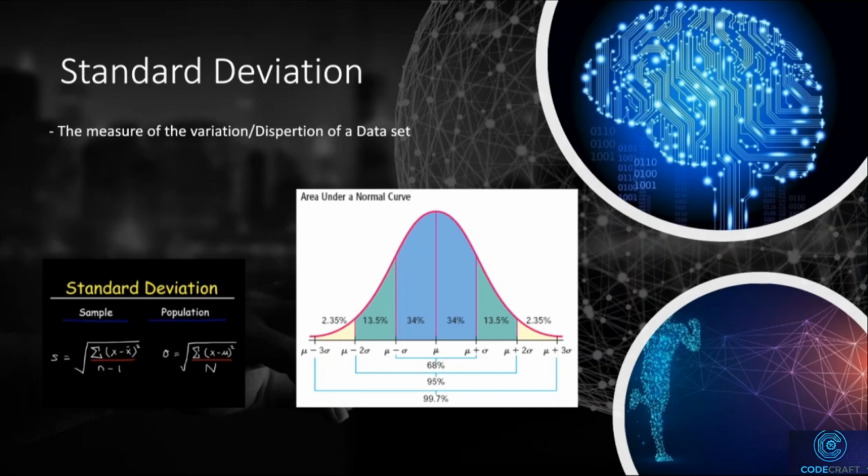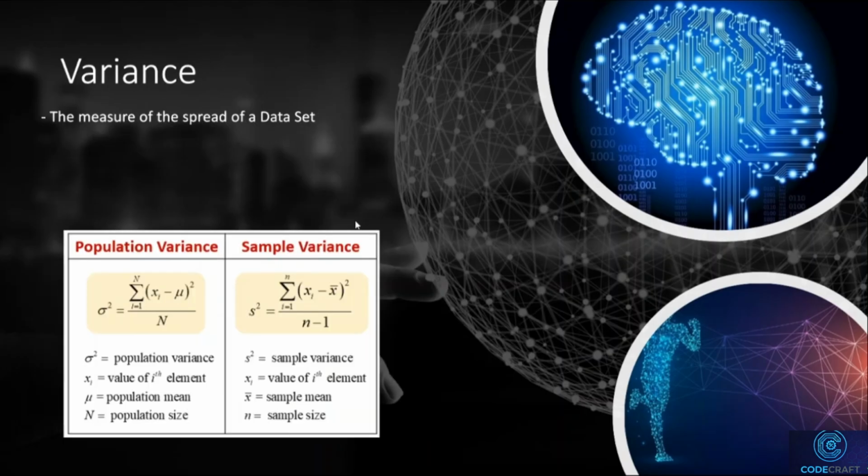The next thing we are going to talk about is the variance. The variance is pretty much like the standard deviation. The standard deviation is simply the square root of the variance, so the variance is the standard deviation squared, multiplied by itself.